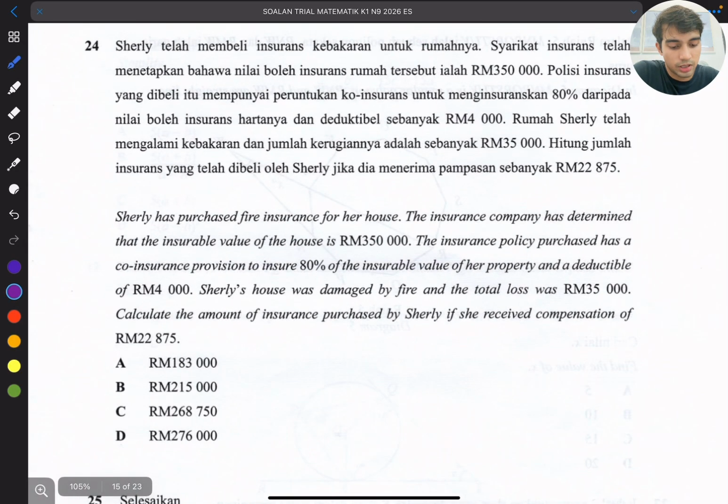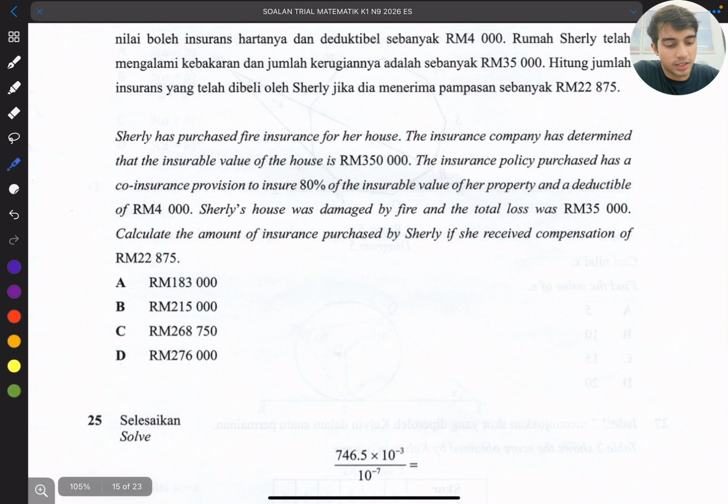24. Shirley has purchased fire insurance for her house. Insurance company determined that the insurable value is this much. Okay. The insurance policy purchased has a co-insurance provision to insure 80% of the insurable value of a property. Okay.